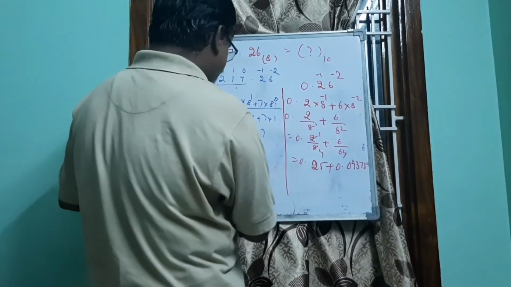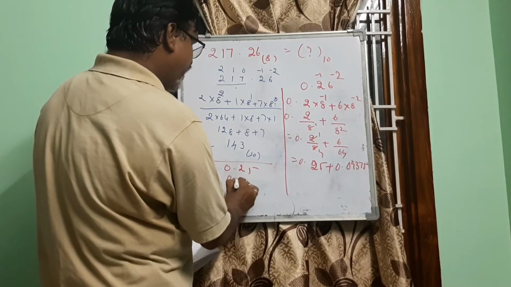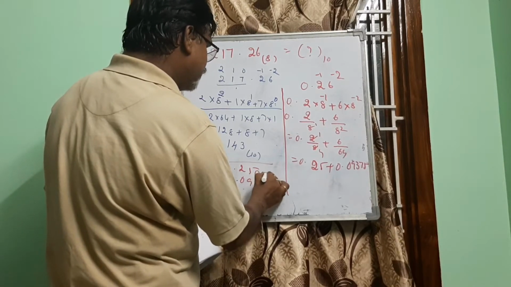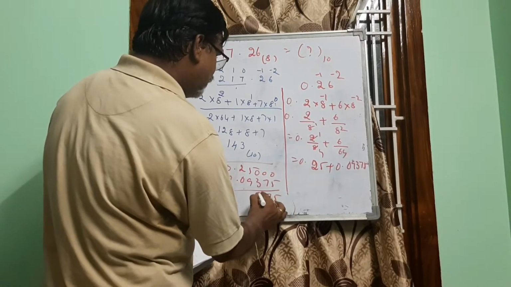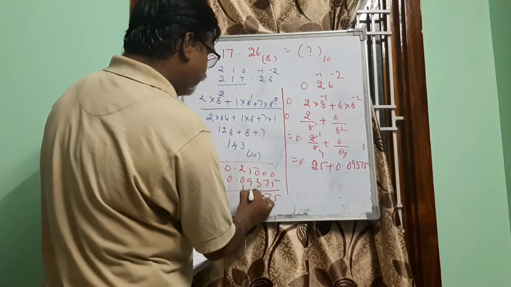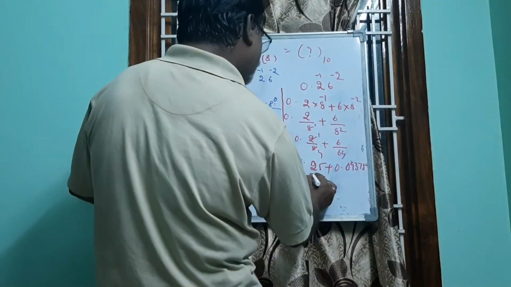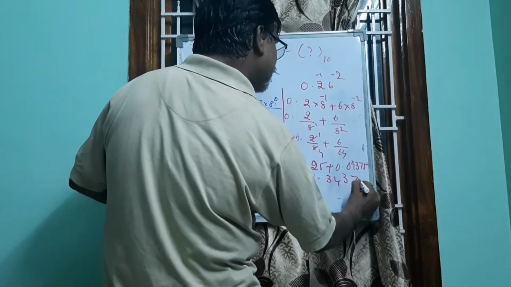We add these two: 0.25 plus 0.09375 is 0.34375.